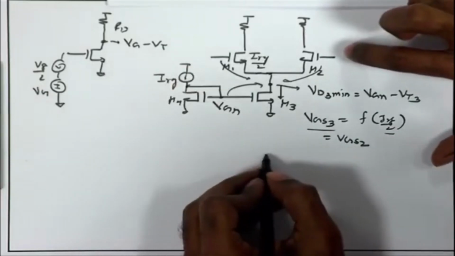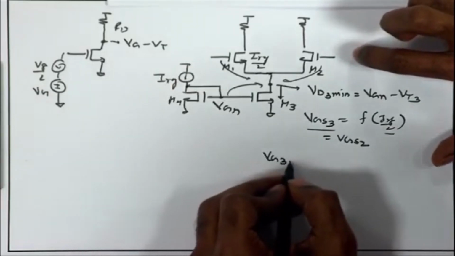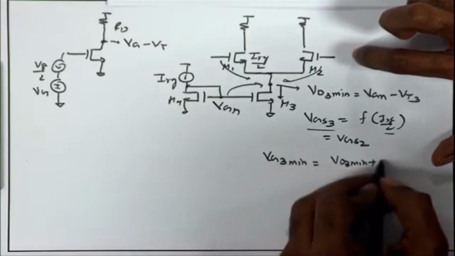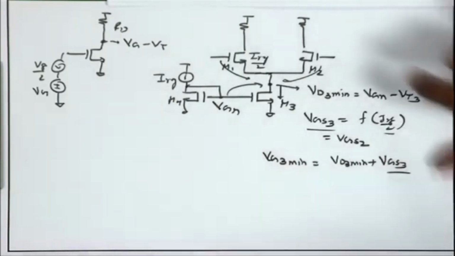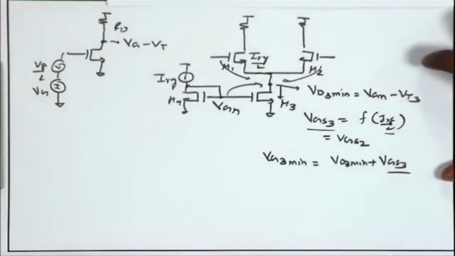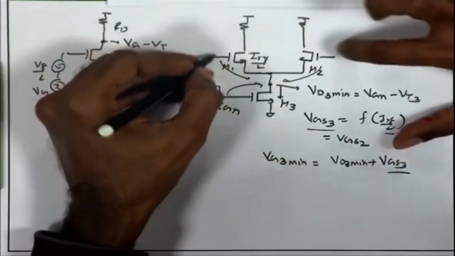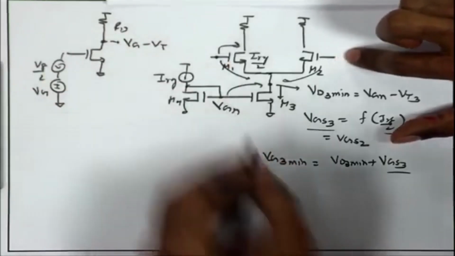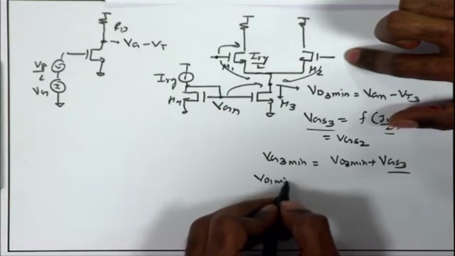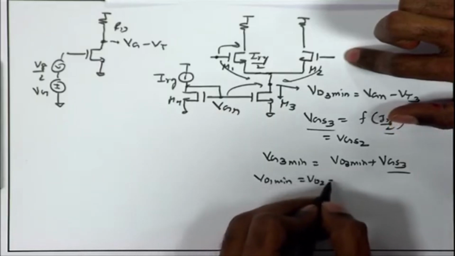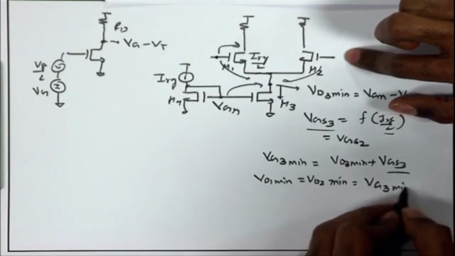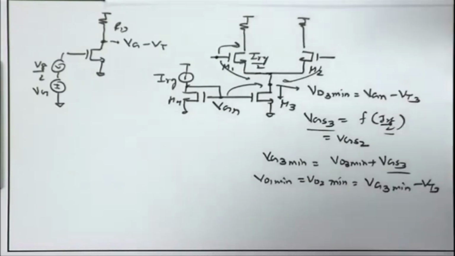So, that becomes VG3 min, which is equal to VD3 min plus VGS3. And then for this particular DC voltage at the gate, we can find out VD1 min or VD2 min, which is going to be VG3 min minus VT3.